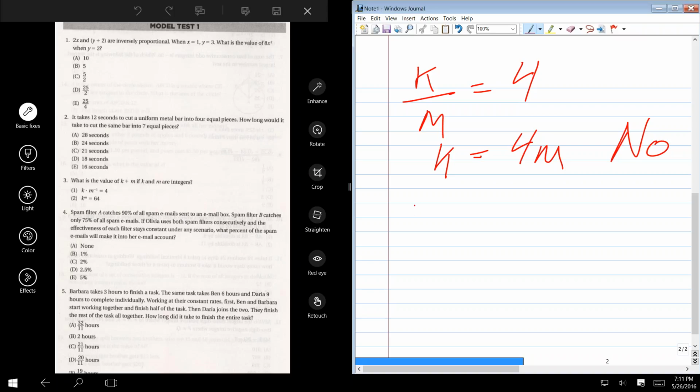Now k to the m power equals 64. Is that enough by itself? No, that's not enough either, because you could have 4 to the 3rd, you could have 2 to the 6th. There's lots of combinations of k and m that cause that to be true.